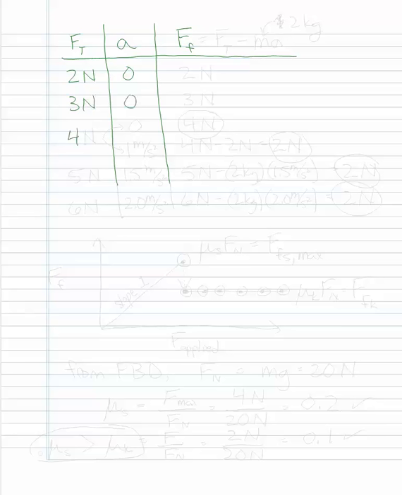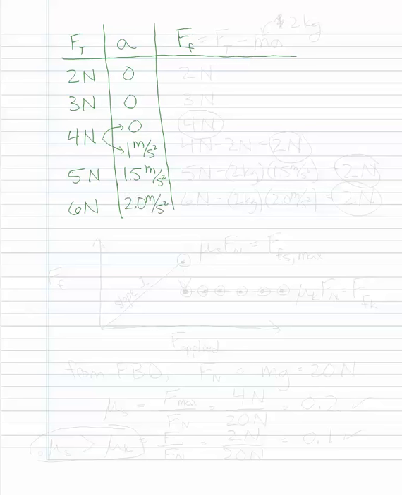With 4 newtons of force, it goes from not slipping to slipping. And after it slips, it's accelerating at 1 meter per second squared. At 5, again, you have 1.5 meters per second squared, and at 6 newtons of force, you have 2 meters per second squared.